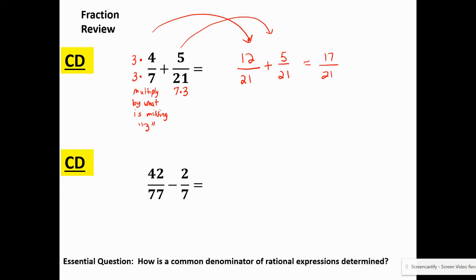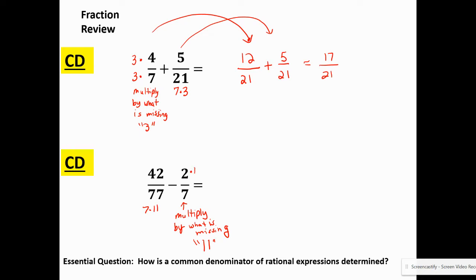Okay. So the idea that I want you to be thinking about here for when we start adding in x's is this idea. Multiply by what is missing. So 77 is 7 times 11. So on this fraction, we're going to multiply by what is missing. That's it. It's what you do to make a common denominator. So in this case, 11 is missing.